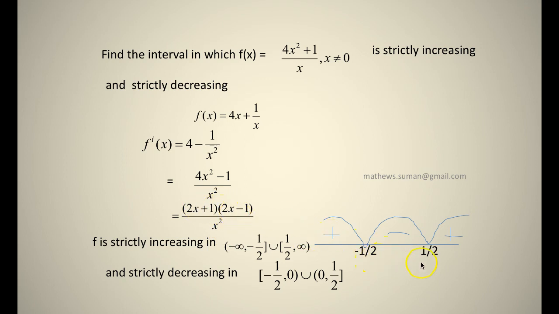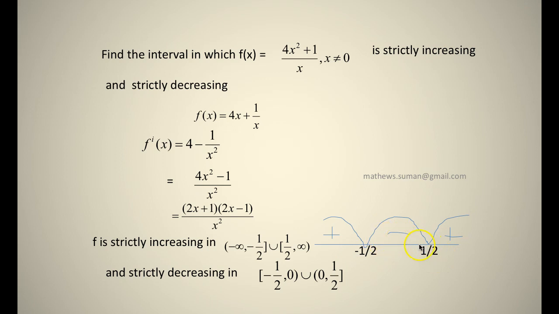So we mark that on the number line and divide it into intervals: less than minus half, between minus half and half, and greater than half. So it is increasing in the interval half to infinity and minus infinity to minus half. So f is strictly increasing in the interval minus infinity to minus half, including minus half, and half to infinity, including half.